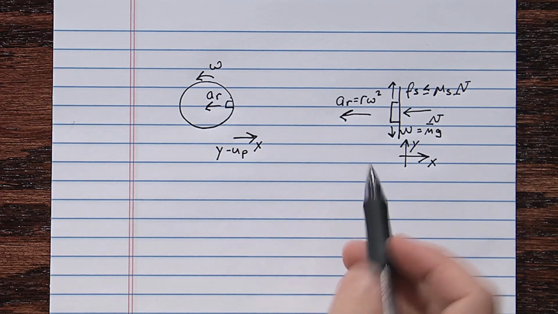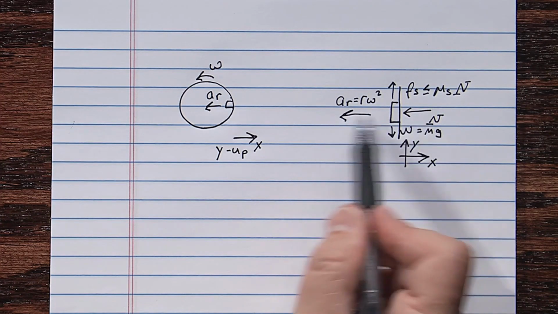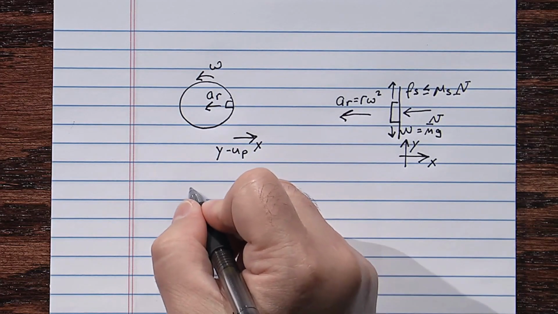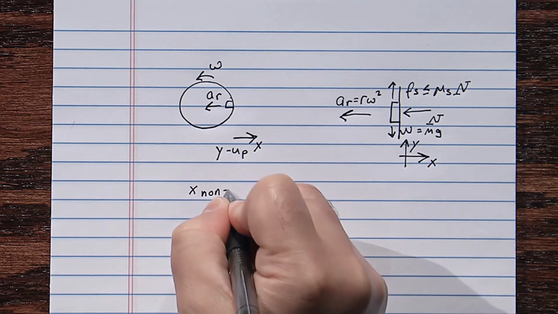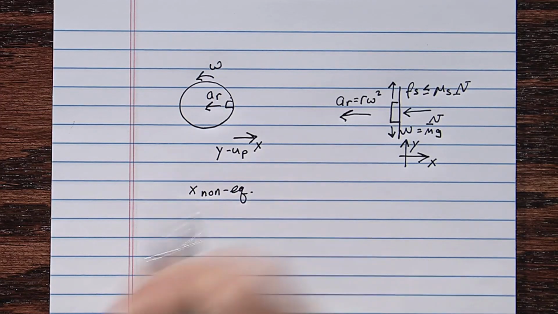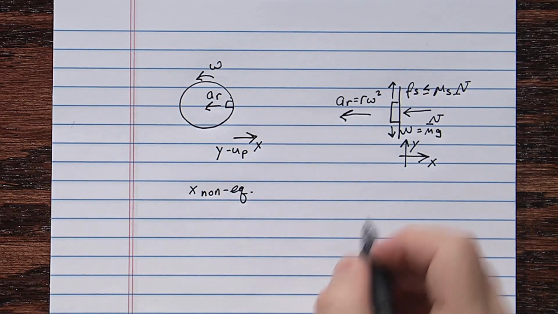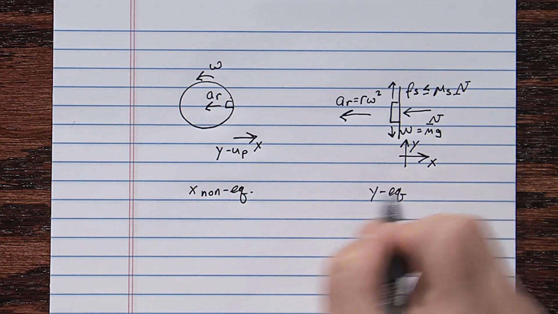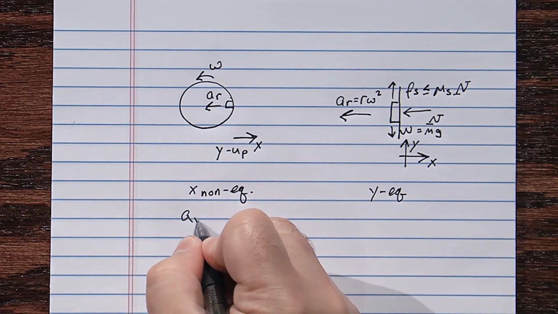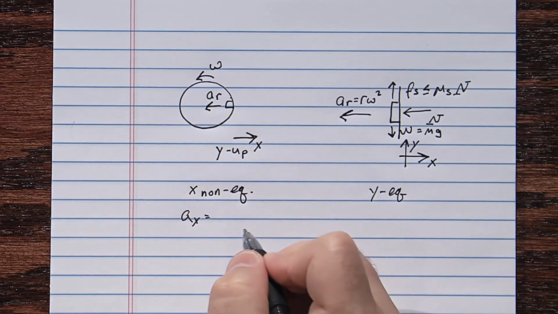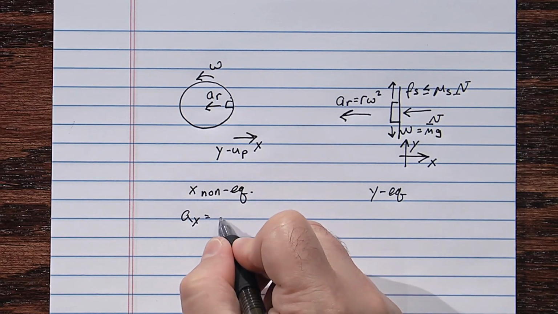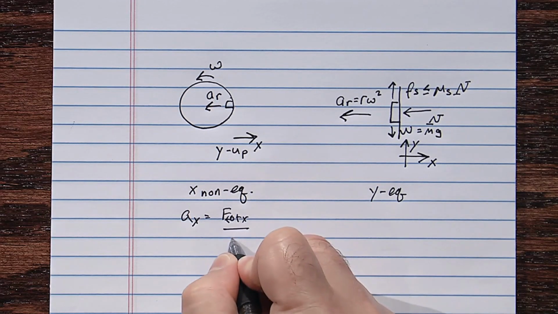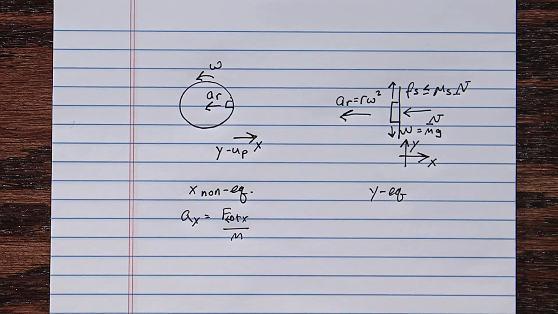Now, we realize that since the person is accelerating in the x direction, actually in the negative x direction, we have x non-equilibrium and y equilibrium. That tells us that the acceleration in the x direction is equal to the total force in the x direction divided by the mass.